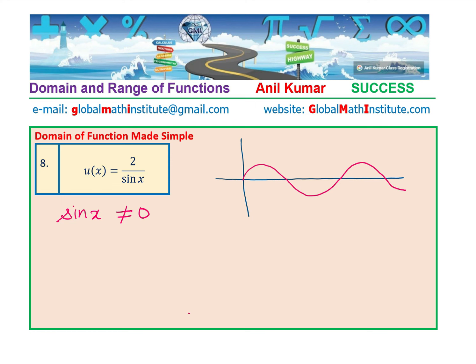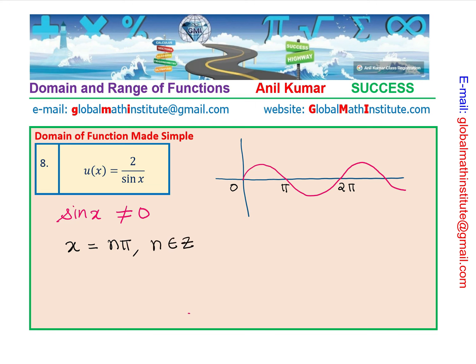So here's the sine function, and as you know, the zeros will be at 0, pi, 2 pi, or you can say in general, we have zeros at x equals n pi, where n belongs to integers. So those are the zeros.